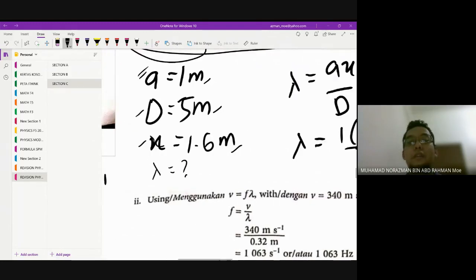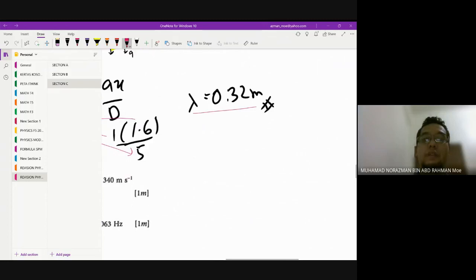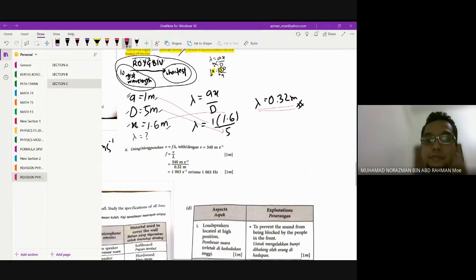We use this formula and substitute the values, lambda is equal to AX over D, and we get lambda is equal to 0.32 meter.